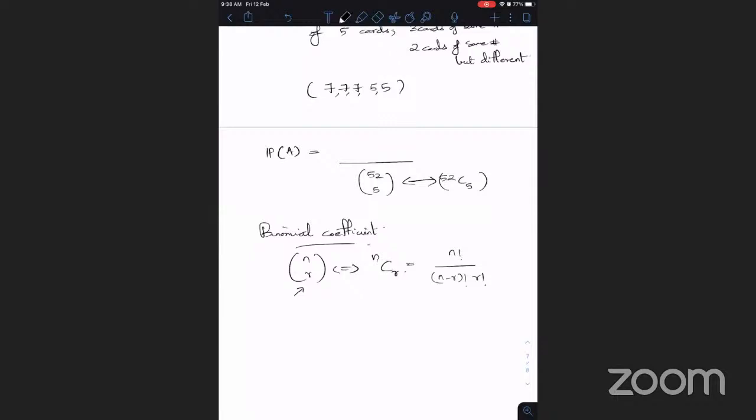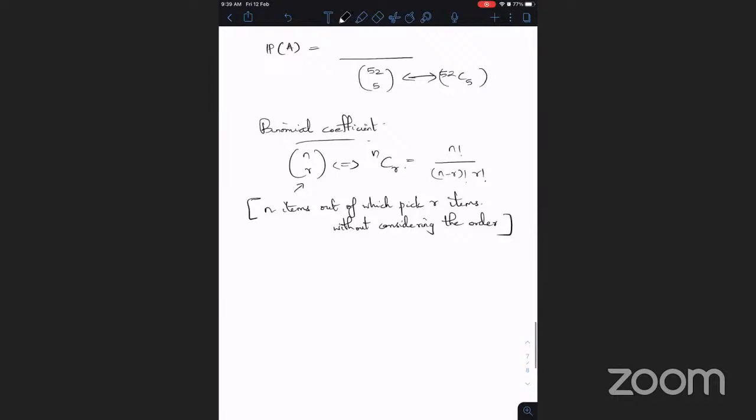You have n items, out of which you need to pick r items without considering the order. This is what n choose r means.